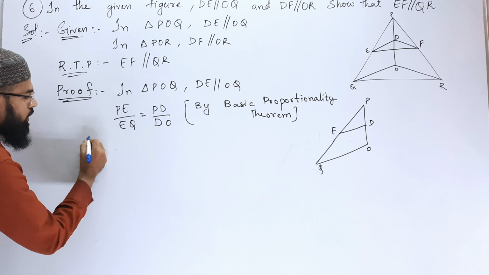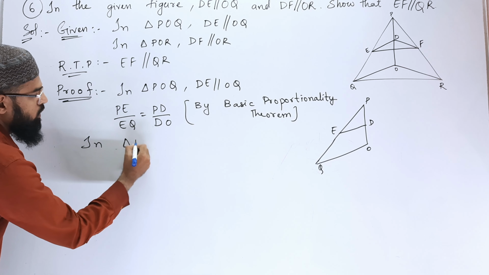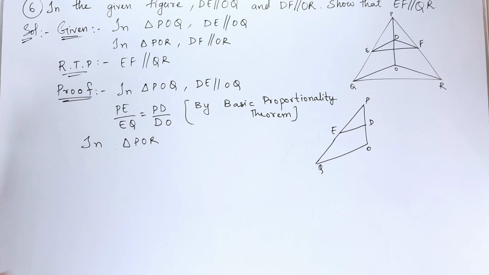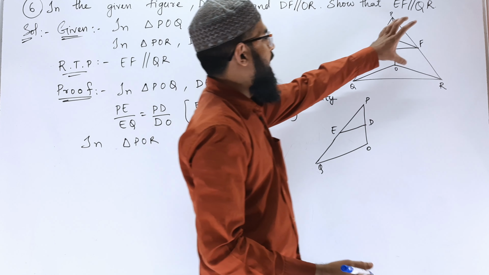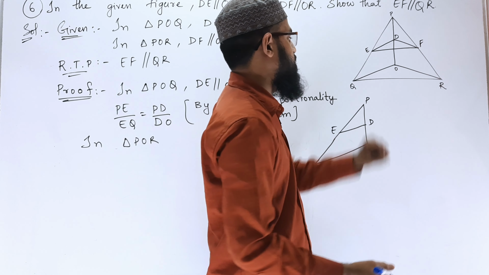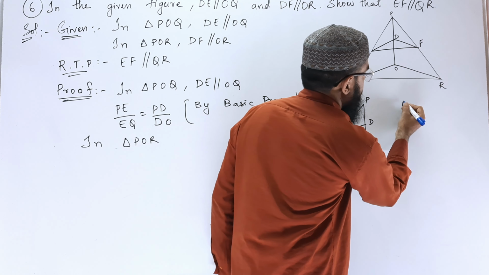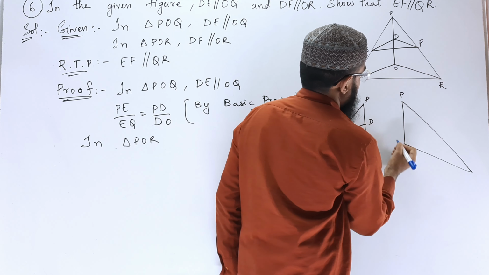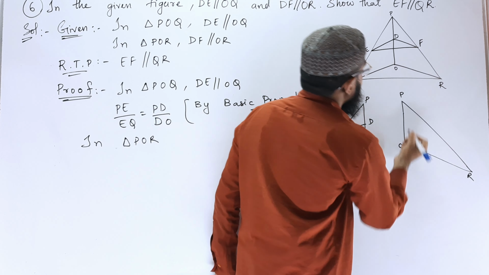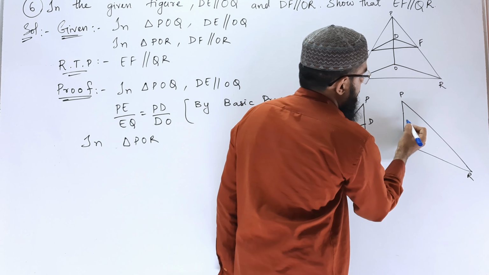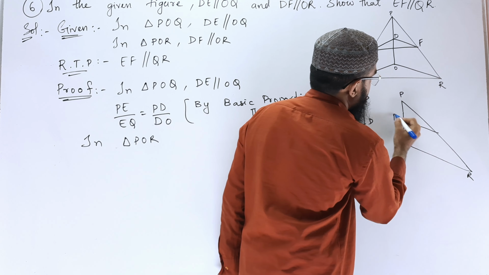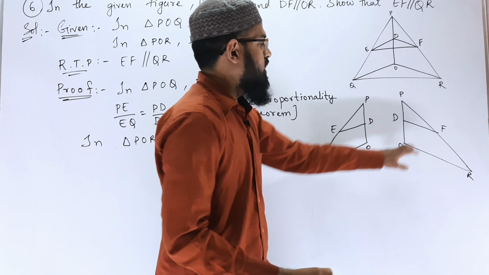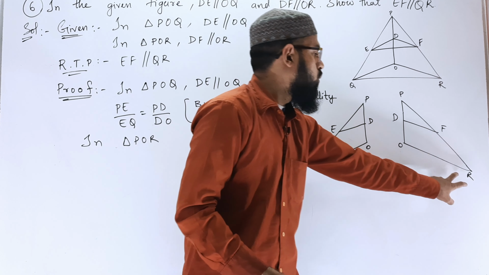Next, in triangle POR, let us take triangle POR from this figure and draw it. Here DF is the parallel line. This line DF is parallel to OR.